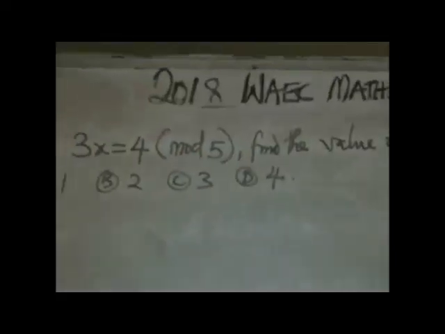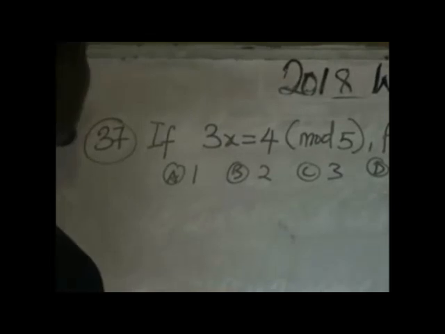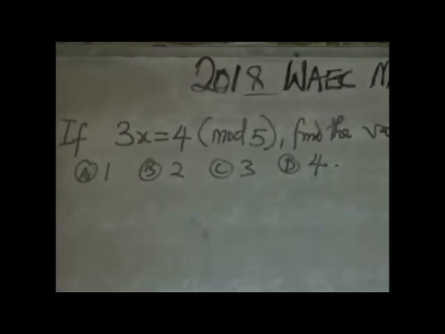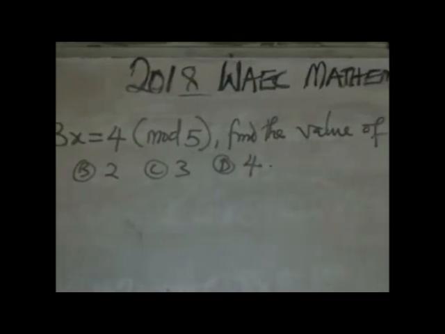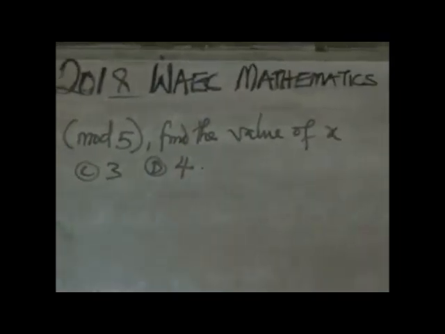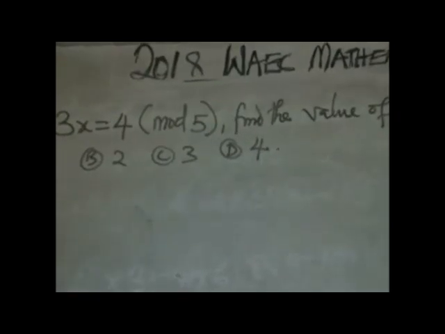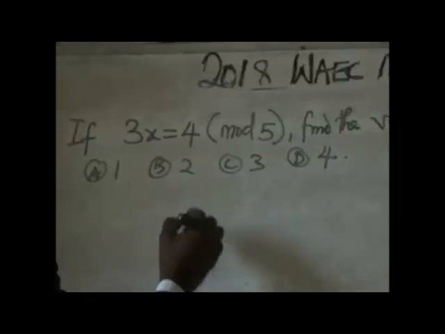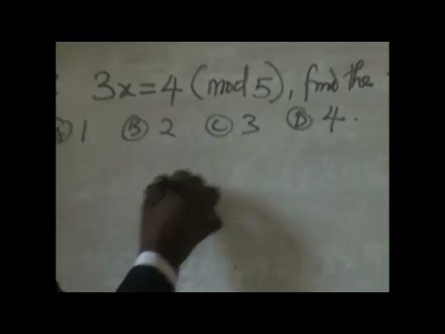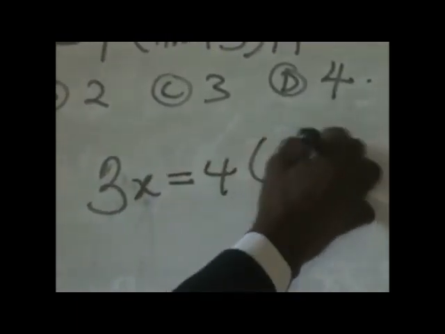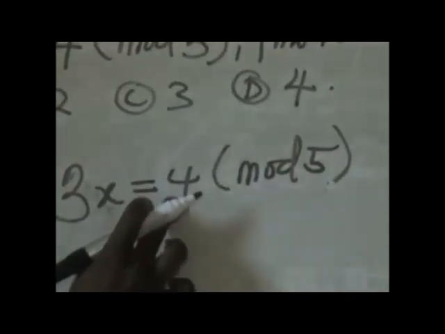Question 37 of the 2018 WAEC mathematics question is, if 3x equal to 4 mod 5, find the value of x, under modular arithmetic. After this class, please endeavor to study the topic modular arithmetic. Alright, this is an equation in modular arithmetic. What you simply do is 3x equal to 4 mod 5. So the mod is 5, this is 4.